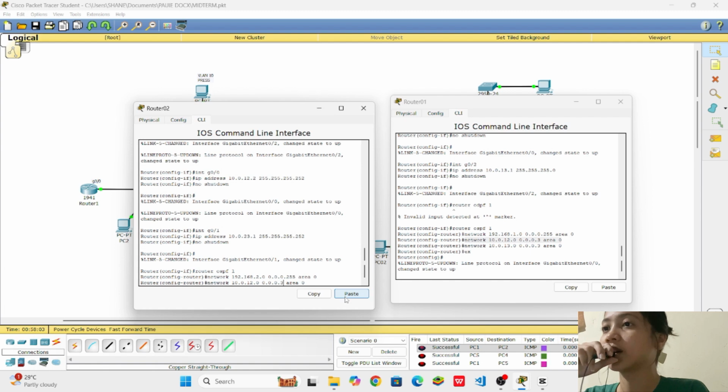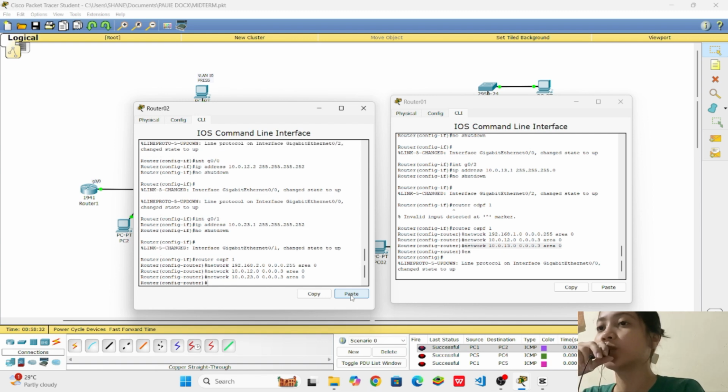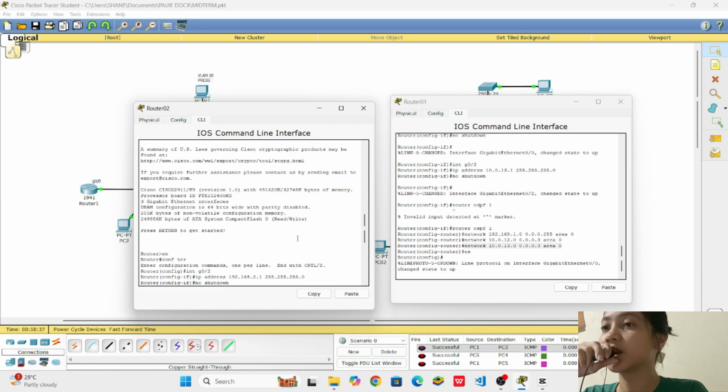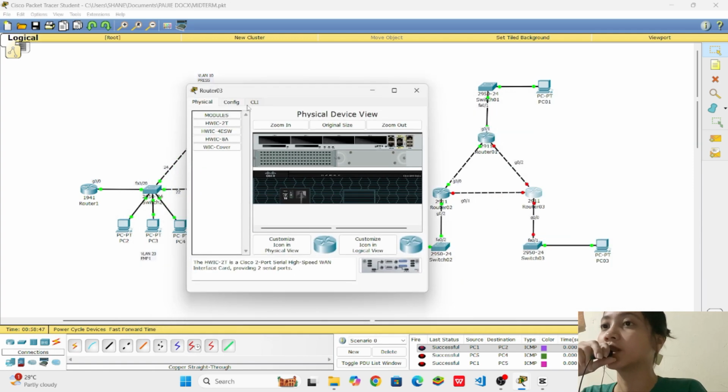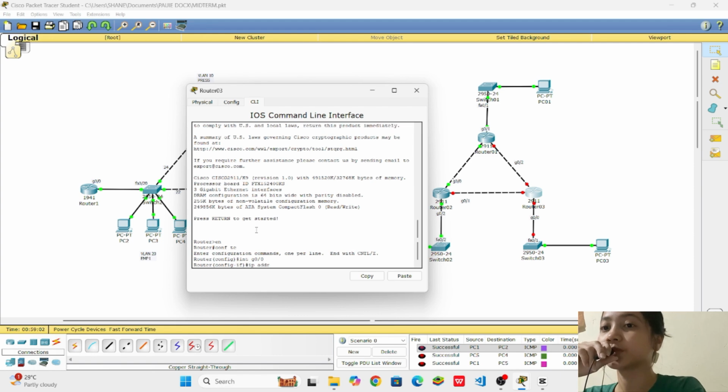Same logic lang, kung ano ginawa natin sa router 1 ganun lang din ang gagawin natin sa router 2 and also 3. We should connect router 1 to router 2 and 3, router 2 to router 1 and router 3, and router 3 to router 1 and router 2.